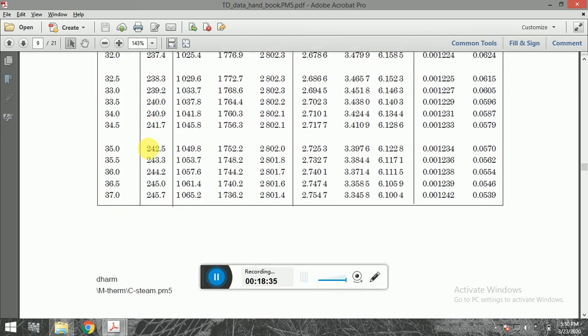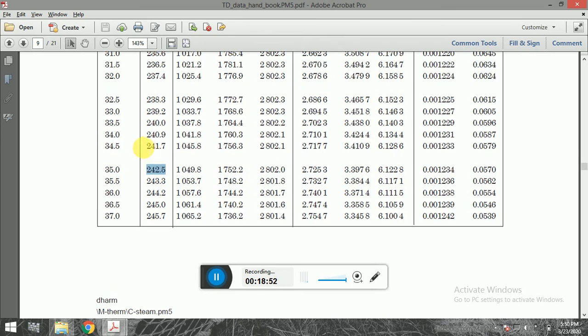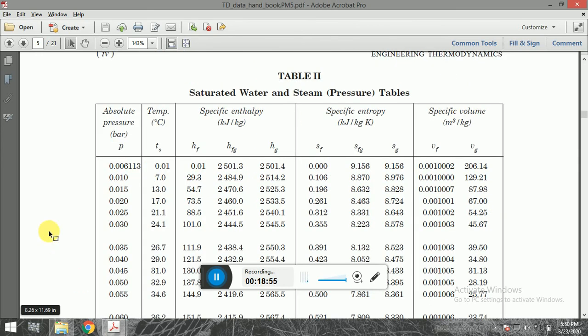The pressure in the boiler is 35 bar. So at 35 bar, what is the saturation temperature? 242.5. So this is the maximum temperature. Next we need to find the saturation temperature in the condenser.